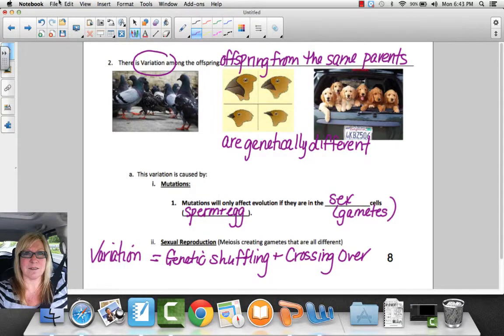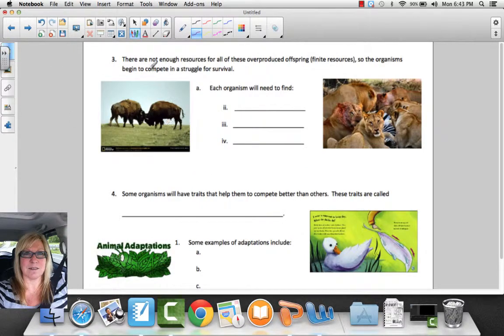All right, let's move on to page 9. There are not enough resources for all of these overproduced offspring, finite resources, so organisms begin to compete in a struggle for survival. Finite refers to final, okay? Meaning we will run out.